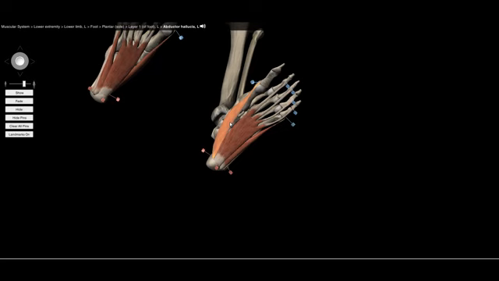So this is the muscle that is responsible for pulling your big toe towards your primary midline, which when we talk about the foot, this is actually abduction. Even though it's going towards the body's midline, when we look at the foot, we draw a line down the middle of the foot.